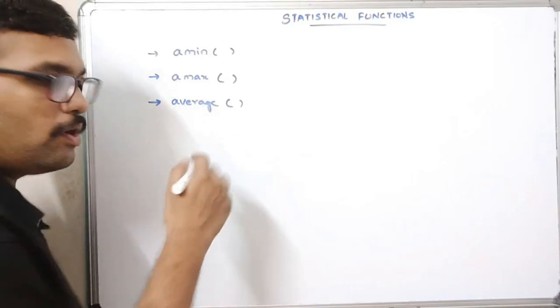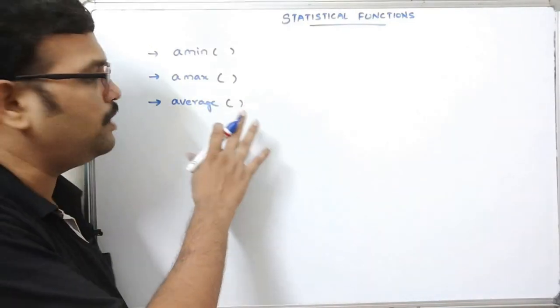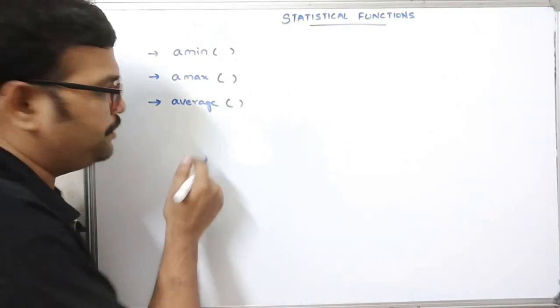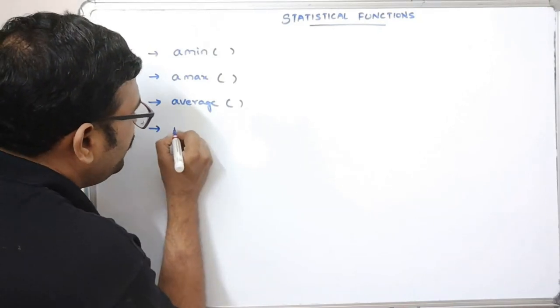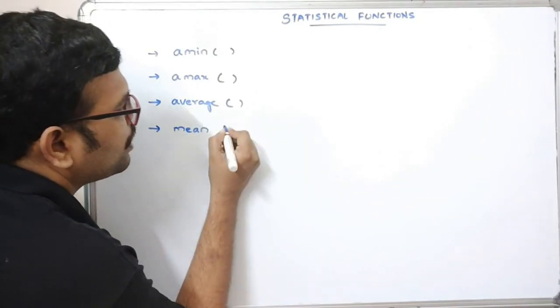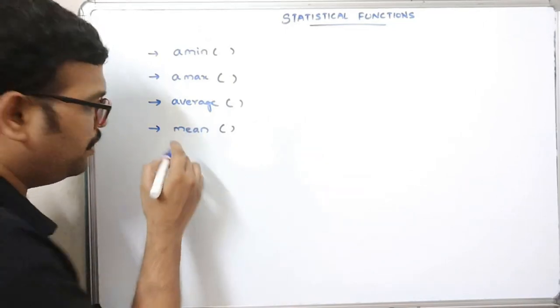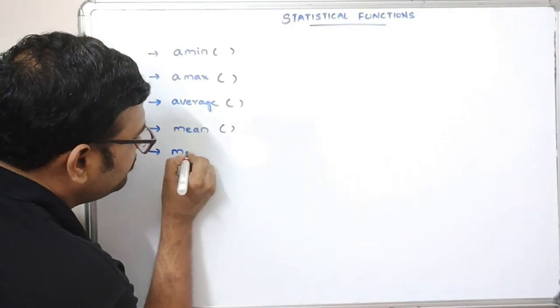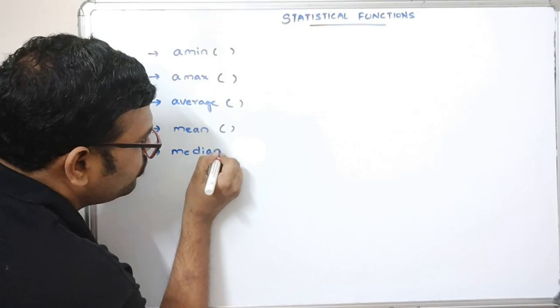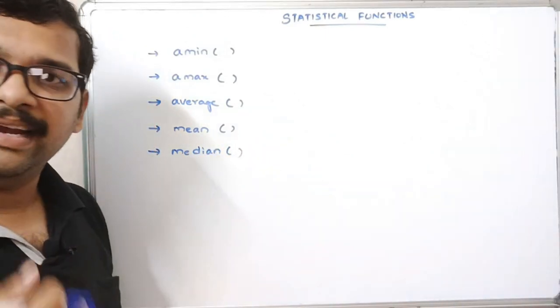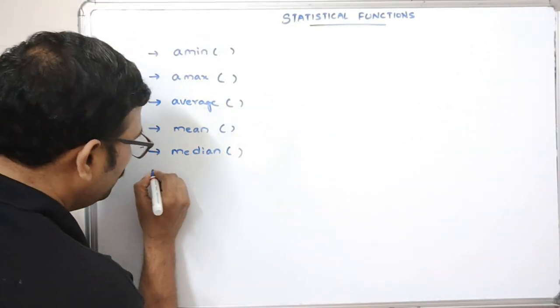For the weighted average also we can use this average function. And in order to find the mean for given elements, there is a function called mean, and then median. I will explain everything. Median is used to find the median value.